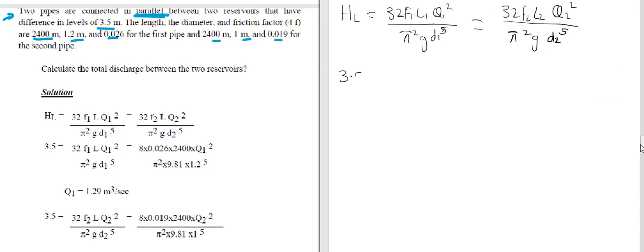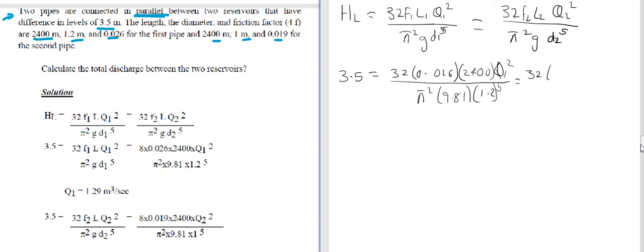So 3.5 will now be equal to 32 times F1, which is 0.026, times L1, which is 2400, times Q1, which is unknown, Q1 square over pi square times 9.81 times D, the diameter, 1.2 raised to power 5, and this is equal to 32 times F for the second pipe, that's 0.019, then the length for the second pipe, 2400, and the discharge is unknown, over pi square 9.81 times 1 raised to the power 5.